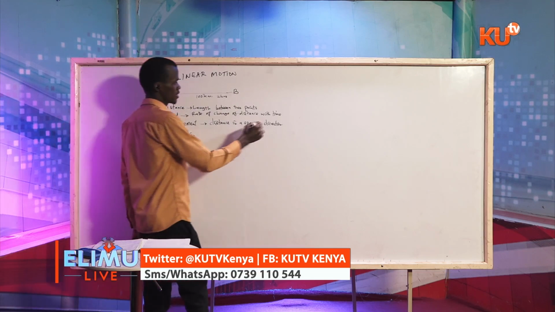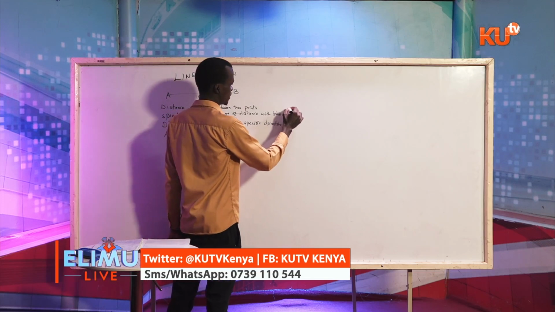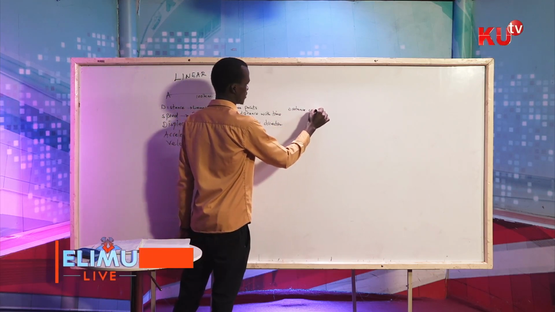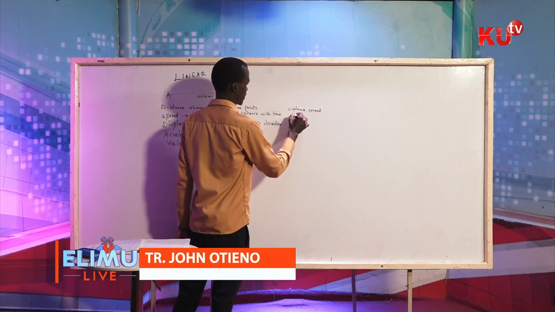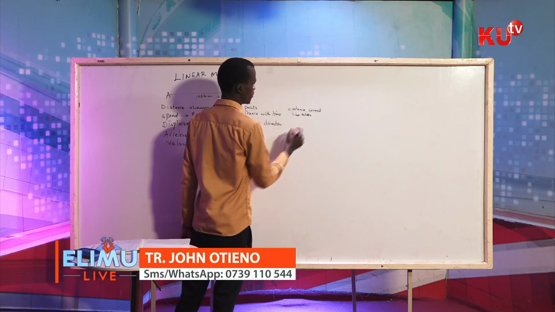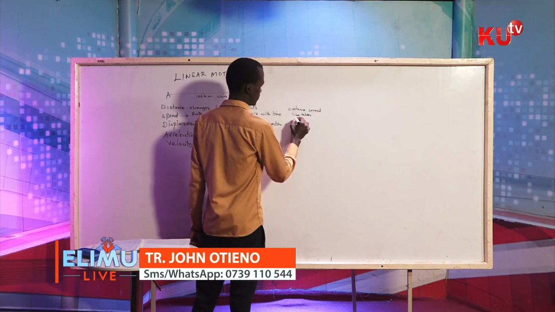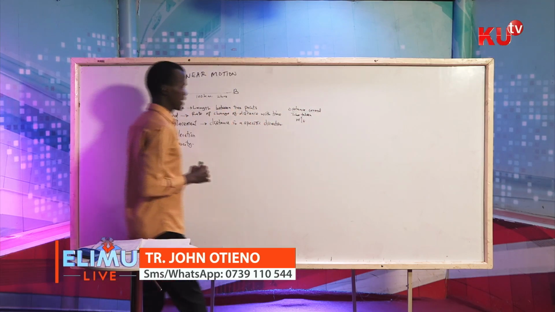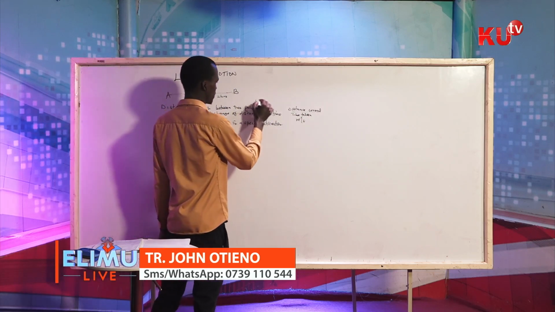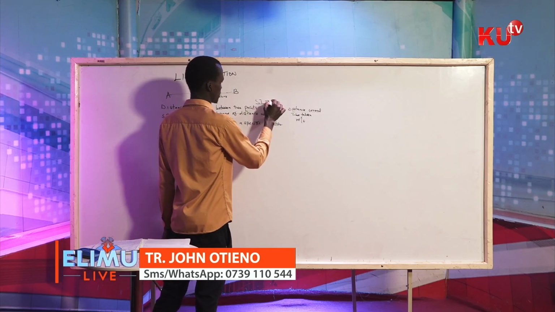And speed is calculated by distance covered divided by the time taken. And mostly it is in meters per second, because the SI unit of distance is meters.